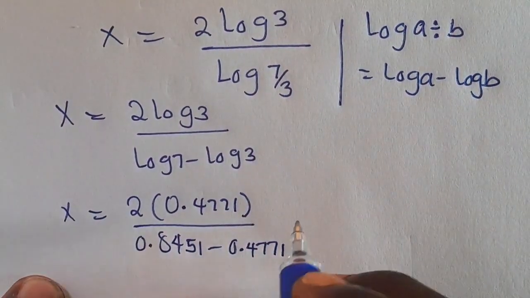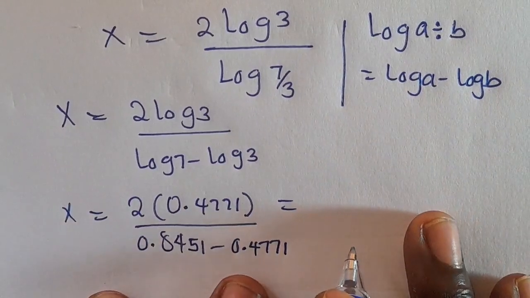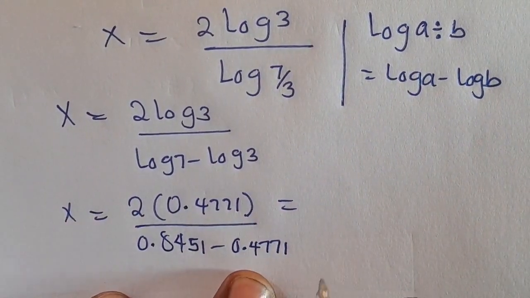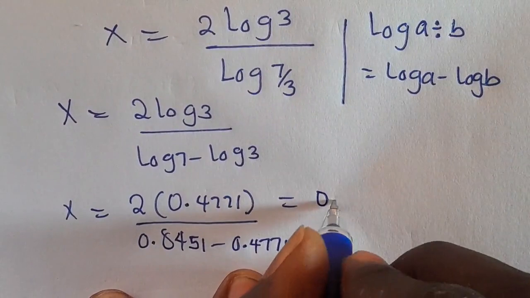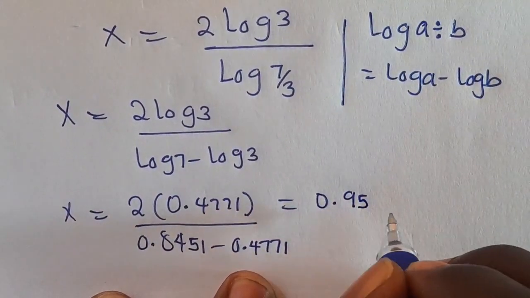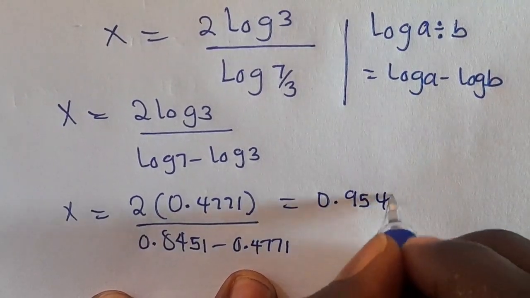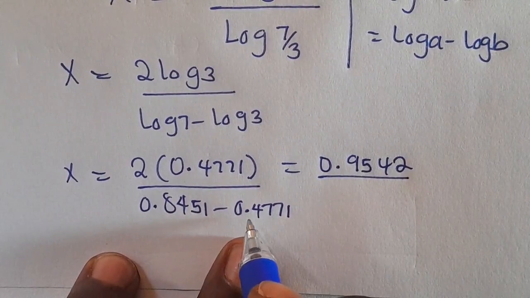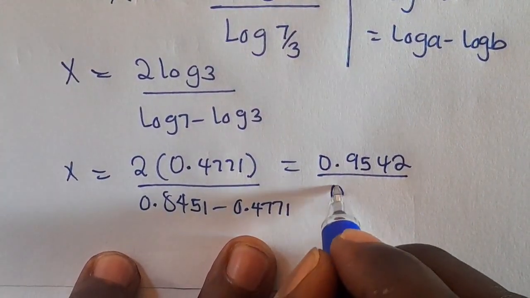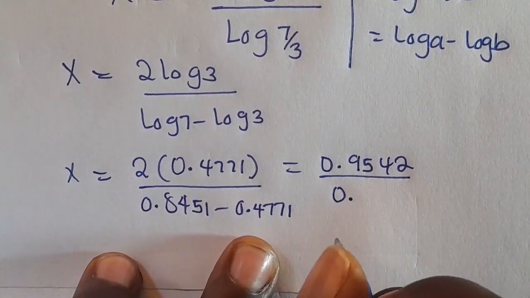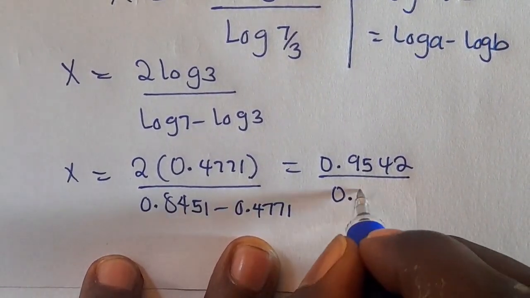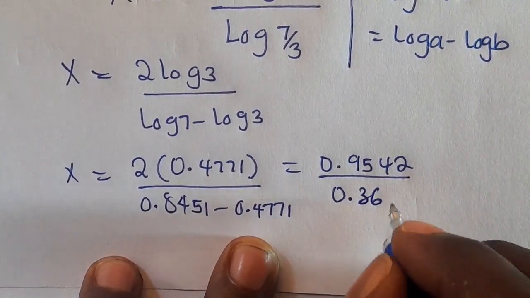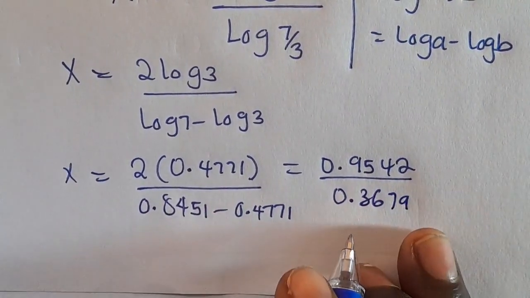So now from here, this equals 2 multiplied by this, we have 0.9542 divided by this minus this, we have it to be 0.3679.